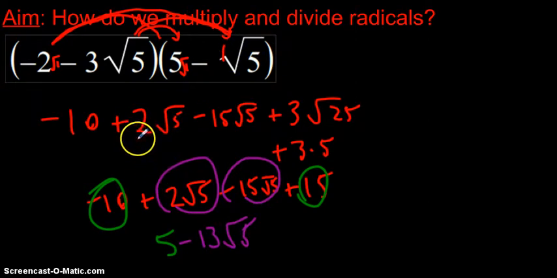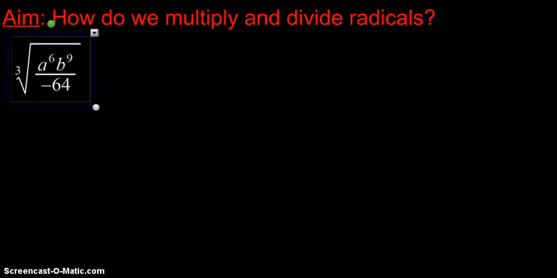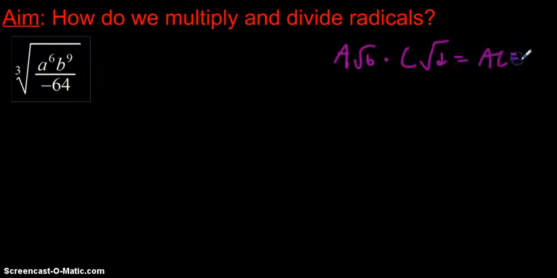So let's turn our attention over to division, where things work also pretty similarly. Alright, so this is actually a division of a cubic root. One interesting rule, it was kind of implied before, is that if we had some coefficient times some radical times some other coefficient times a radical, we would multiply the coefficients and multiply the radicals.